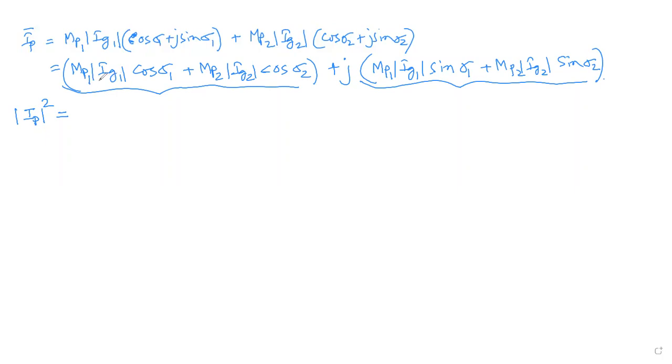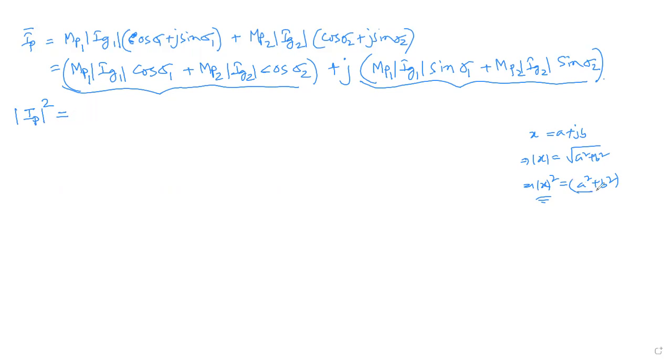In general, if any phasor x is a plus jb, then x absolute is the square root of a squared plus b squared. So x squared should be a squared plus b squared. I simply want a term without the square root, so I just make the square of this absolute value.